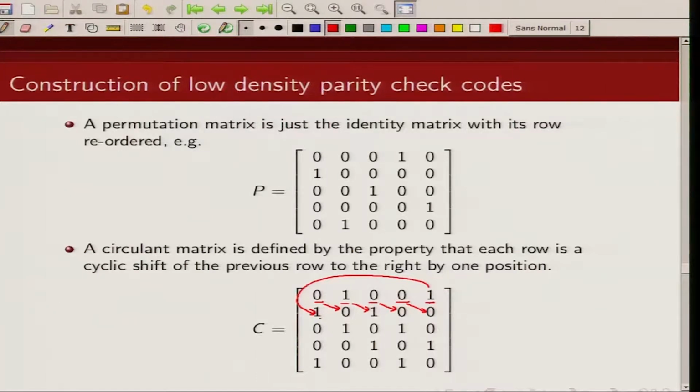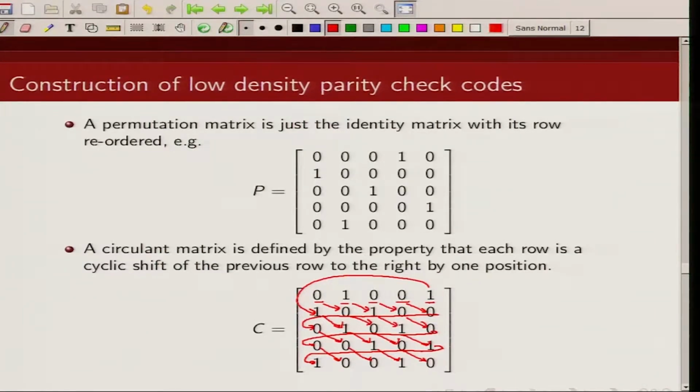Now, for the third row, this 1 comes here, this 0 comes here, 1 comes here, this 0 comes here, and this 0 comes here. Similarly for the next rows. So, you can see each row is a circular shift of the previous row.